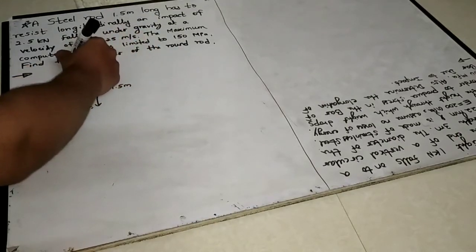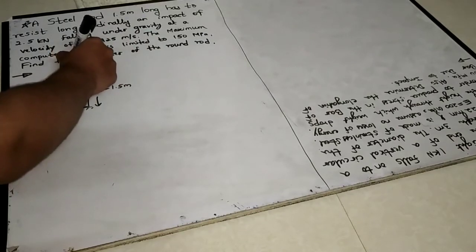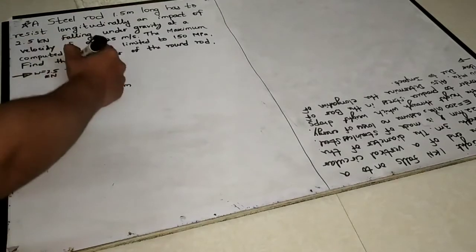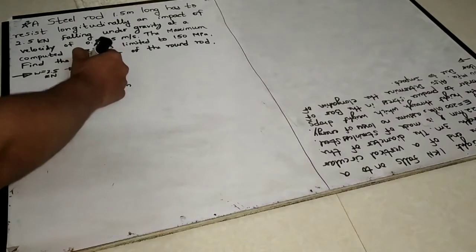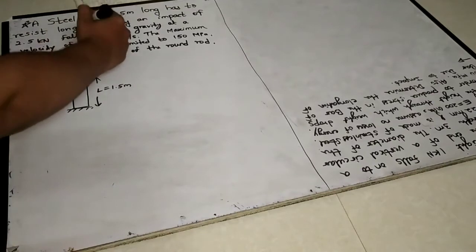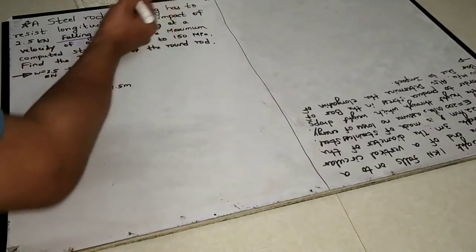So what is the weight of this? W is equal to 2.5 kilonewton. So this weight, 2.5 kilonewton, is falling on this vertical steel rod, and this is falling under gravity. See, falling under gravity, very important, students.